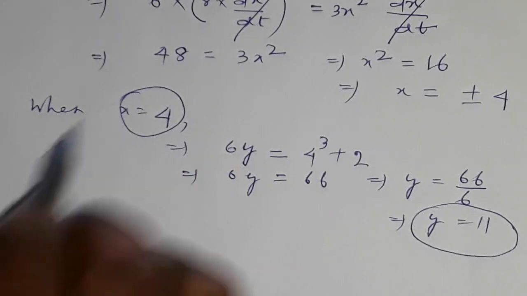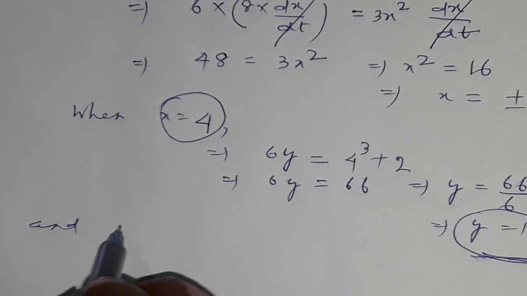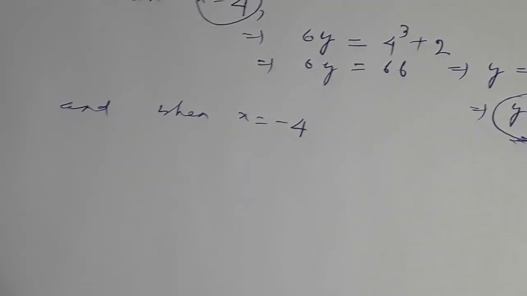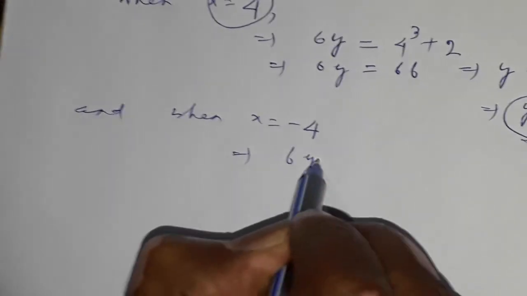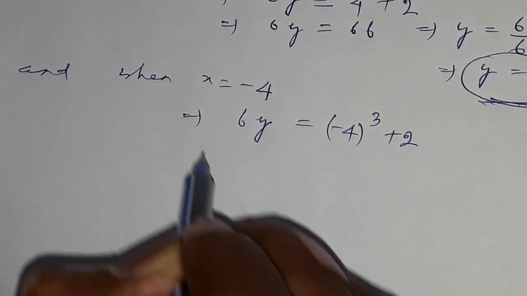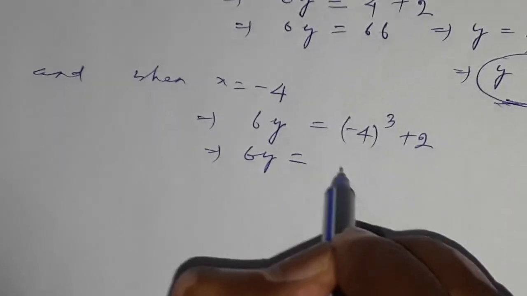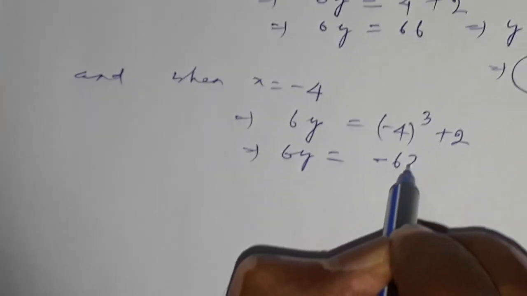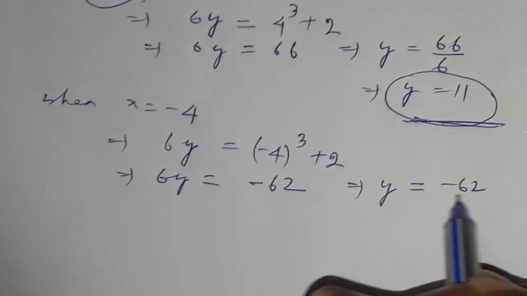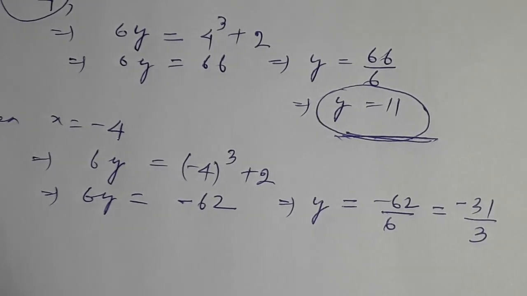When x equals 4, y equals 11, and when x equals minus 4, implies 6y equals minus 4 whole cube plus 2, implies 6y equals minus 62, implies y equals minus 62 by 6 equals minus 31 by 3.